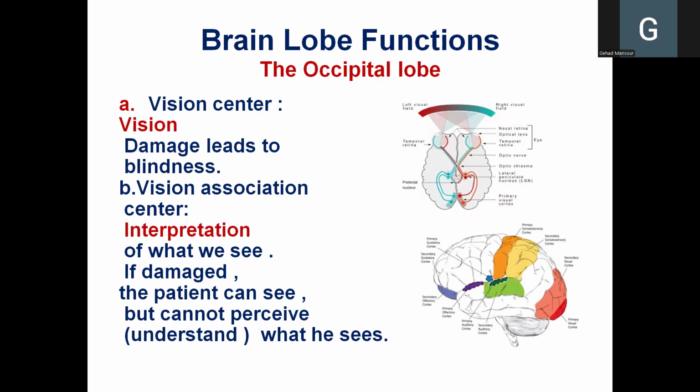Of course, it's important to mention that it's not only the vision association area that is important for understanding what we see, but we have to remember first what we have learned about this visual stimulus, and this, of course, comes from the fusiform gyrus in the temporal lobe.